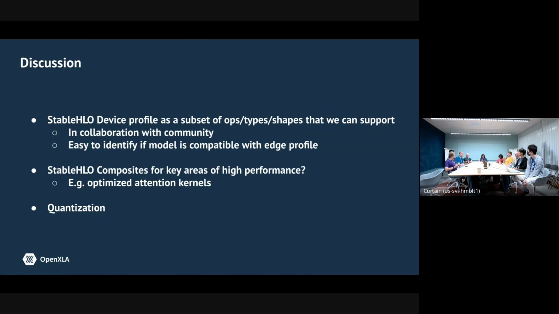Not really. We've taken a fairly simplistic approach. It's almost completely based on data types. I think with StableHLO, there are a few ops that you're obviously not going to want on an edge profile, like all the sharding and the collective ops, which are pretty obviously irrelevant. And then data types is likely going to be key. If you get down to devices that don't have hard float, then you don't want to do float.